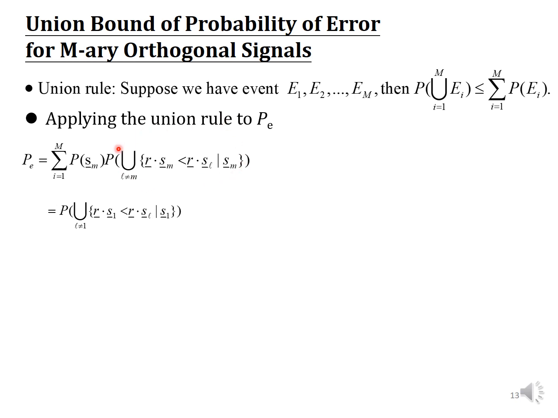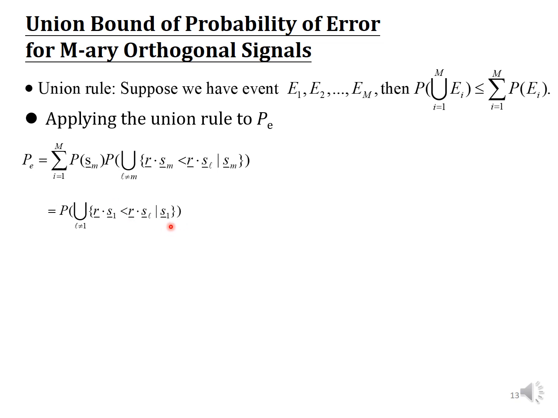The error probability of each symbol Sm is equal. So this summation equals the union error probability of each symbol.